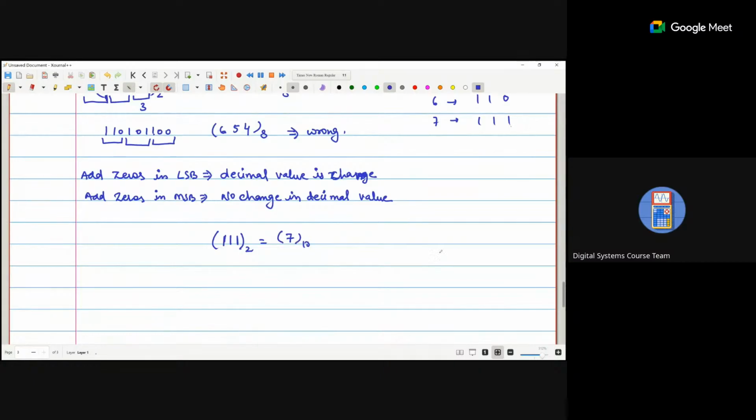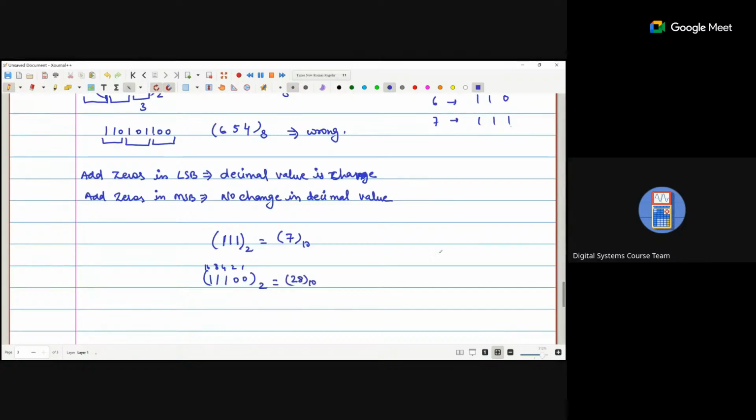If I add two zeros in the LSB part, so 1, 1, 1, 0, 0, what is the decimal value of this one? 1, 2, 4, 8, 16. 16 plus 8 is 24, plus 4 is 28, base 10.